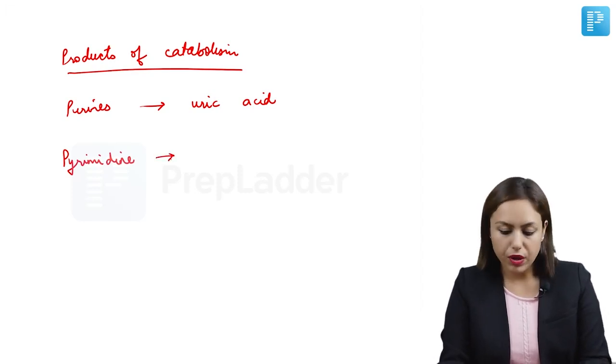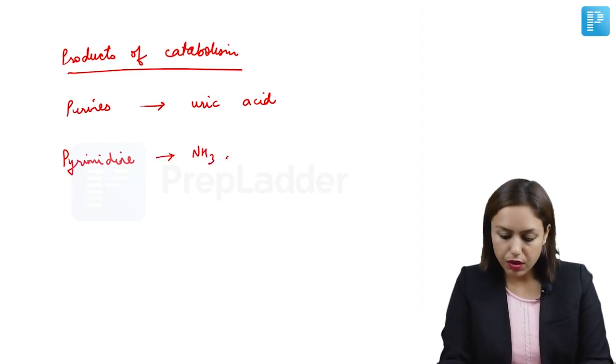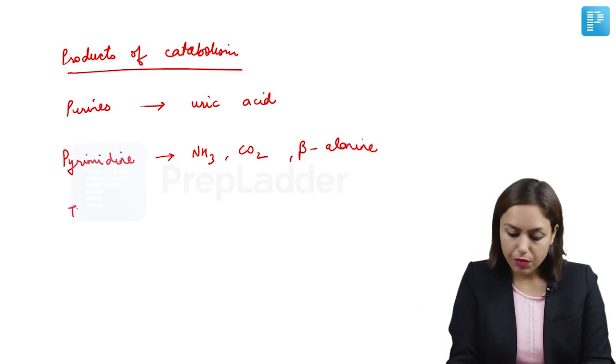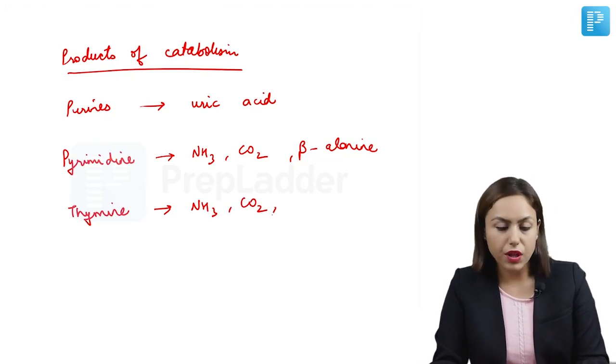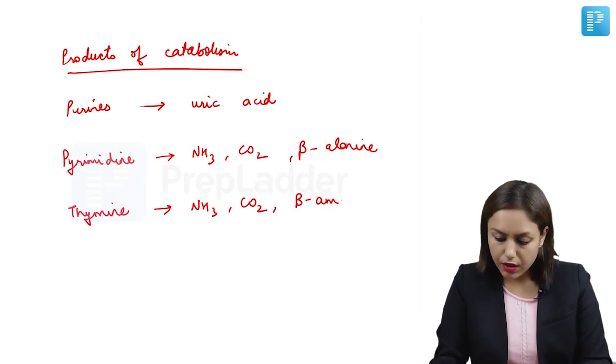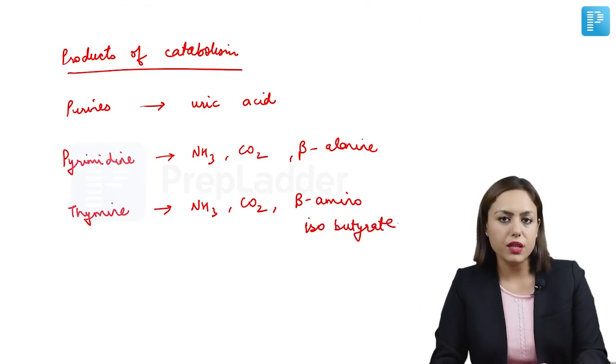In case of all the pyrimidines, it is ammonia, carbon dioxide and beta-alanine, okay? But one thing is different for thymine. In thymine, ammonia and carbon dioxide are the same, and another product is beta-aminoisobutyrate and not beta-alanine, okay?